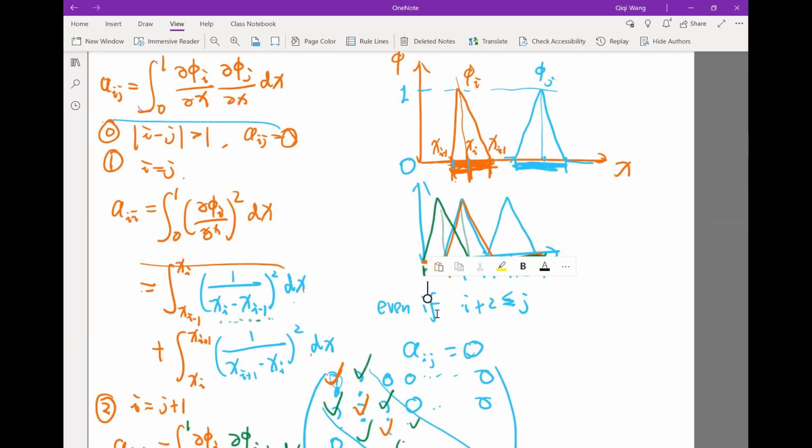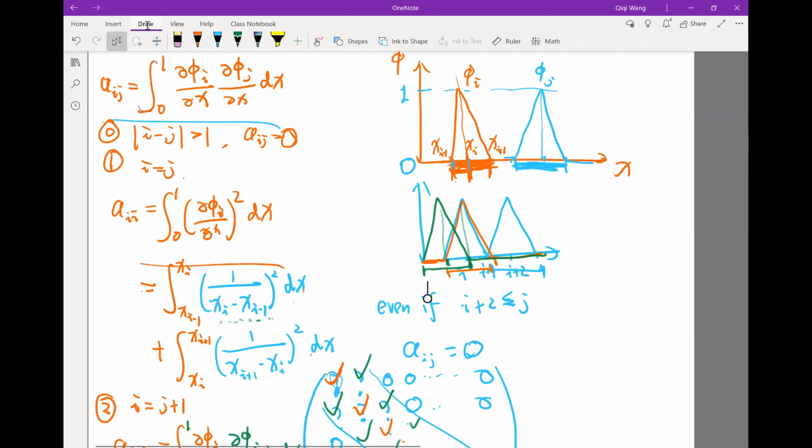So let's actually do a little bit more derivation. Sometimes my pen doesn't work anymore.